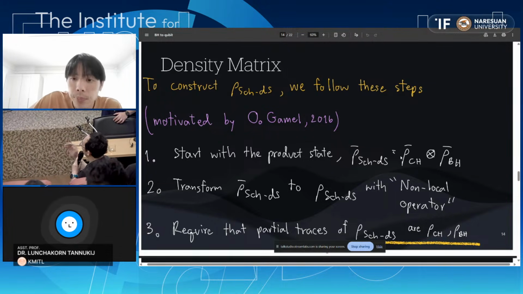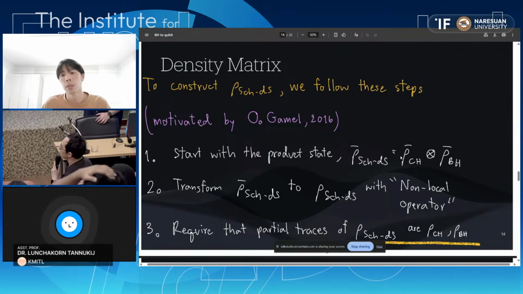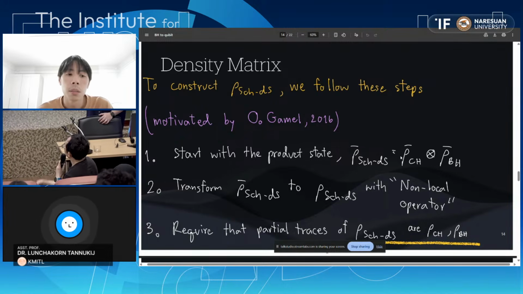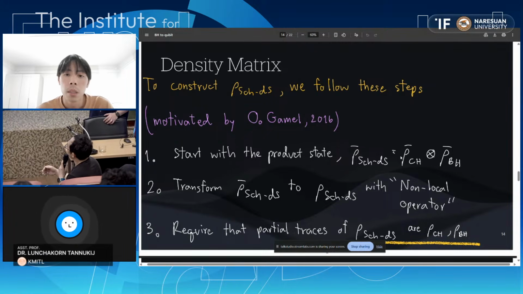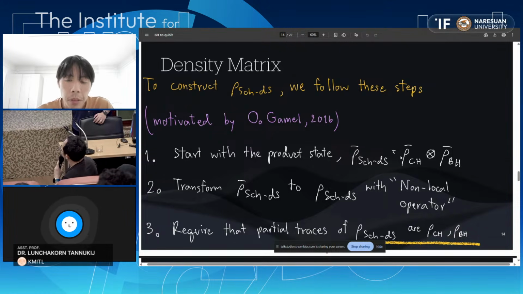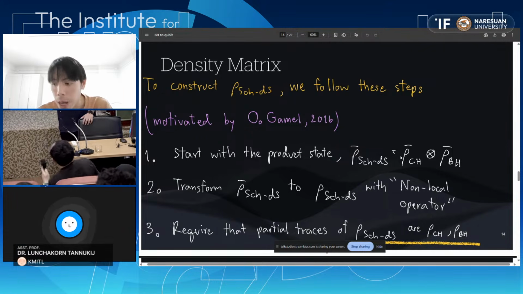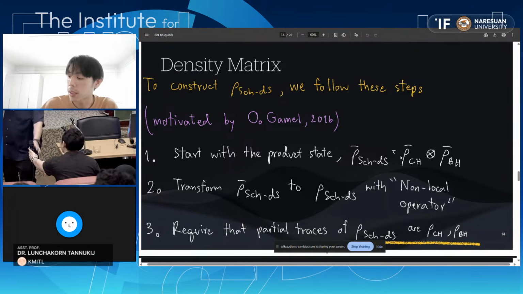Yes, but I have some news that nowadays it's possible to access a quantum computer. You can consider using more qubits and learning some quantum algorithms and sending the code to a quantum computer directly. I see. Okay, I see. Just a comment. Thank you.